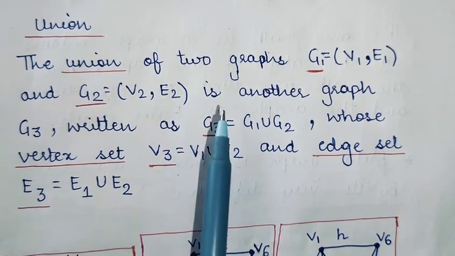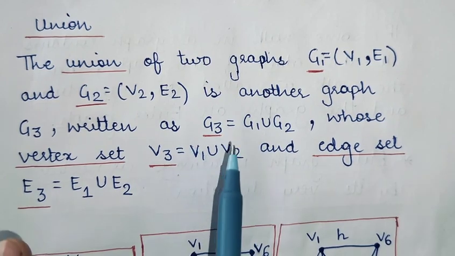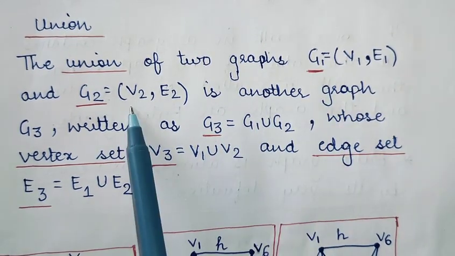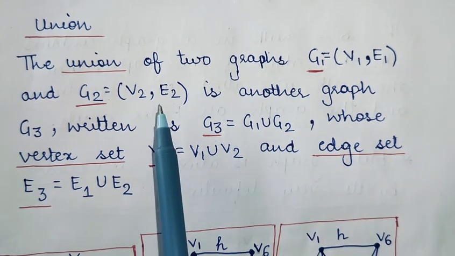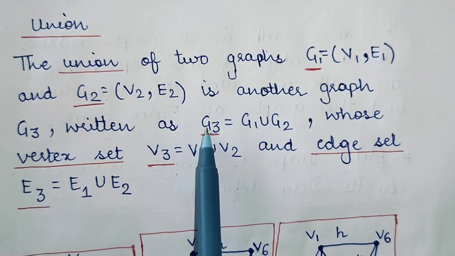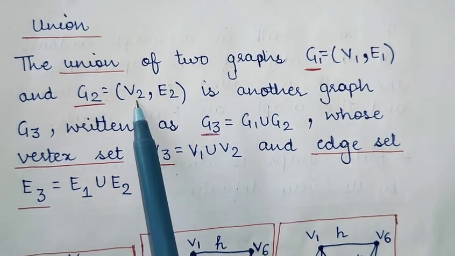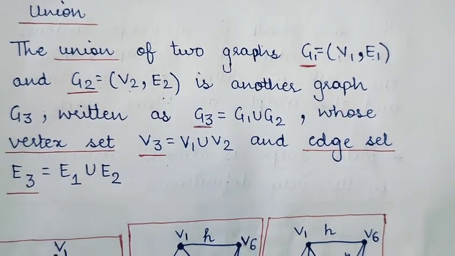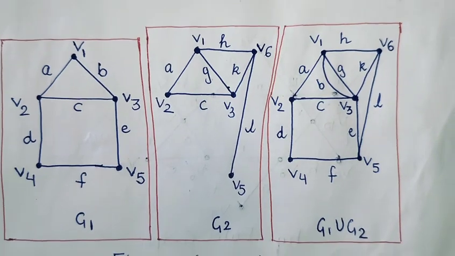So basically, in simple language, a union of two graphs is nothing but the union of all its vertex sets and the union of all its edge sets. So if I name the graph formed after the union as G3, this G3 will contain all the vertices of G1 and G2 and all the edges of E1 and E2. Let's look at an example.